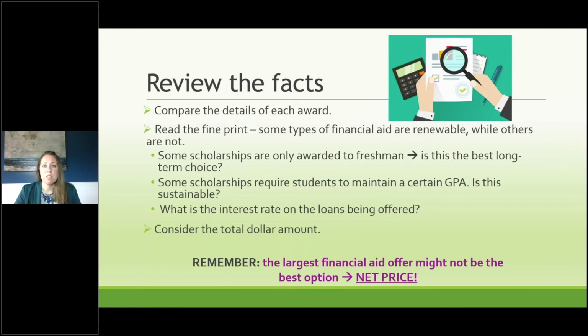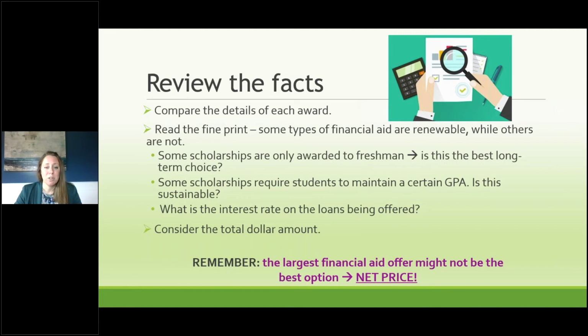Scholarships often are awarded to college freshmen pretty heavily, and when those scholarships come in, they may only be awarded for freshman year. So while a student may get all of these scholarships and have most of their freshman year paid for, they aren't renewable. So come year 2, that scholarship goes away, and now how am I going to fill the gap?